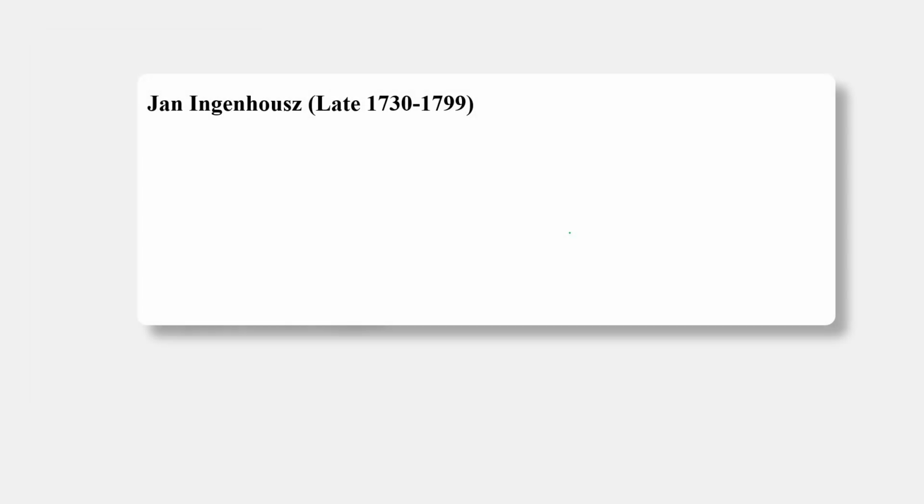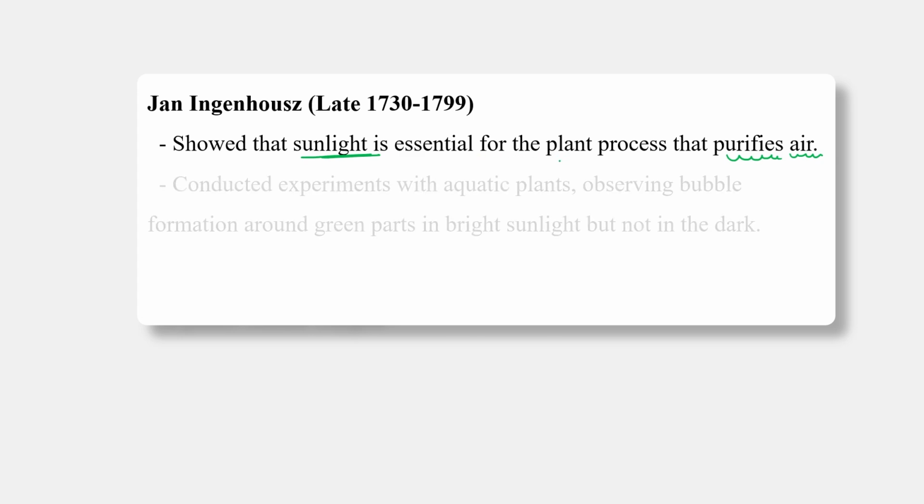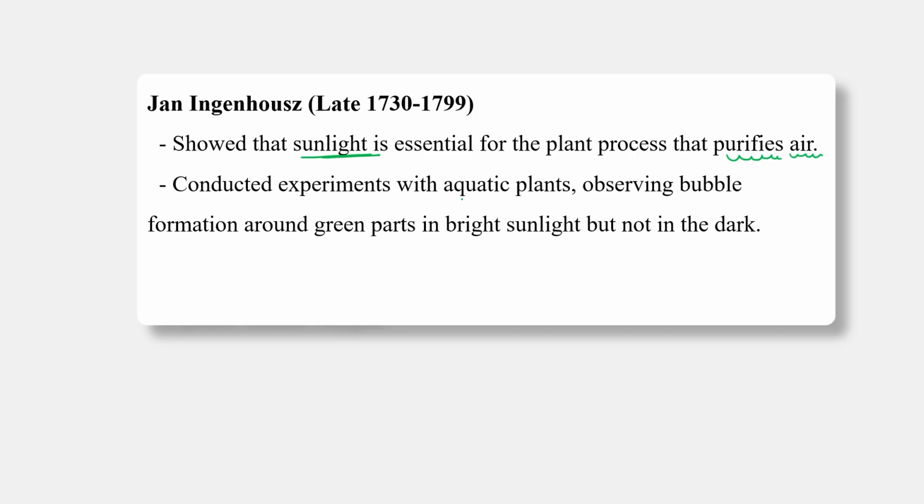Okay. Later on, another scientist, Jan Ingenhousz, showed that sunlight also plays a very important role for plants to purify air. Sunlight is essential for the plant process that purifies air. He conducted an experiment with an aquatic plant, observing bubble formation around the green part of that aquatic plant in bright sunlight but not in the dark.